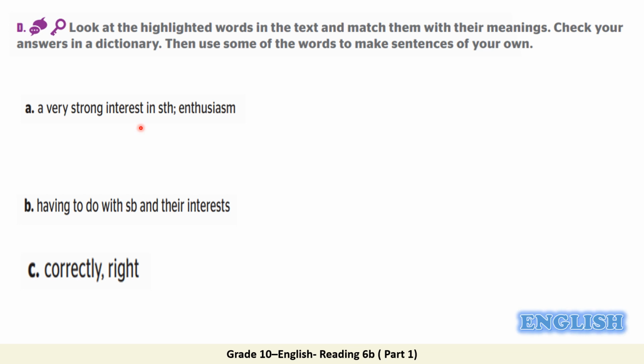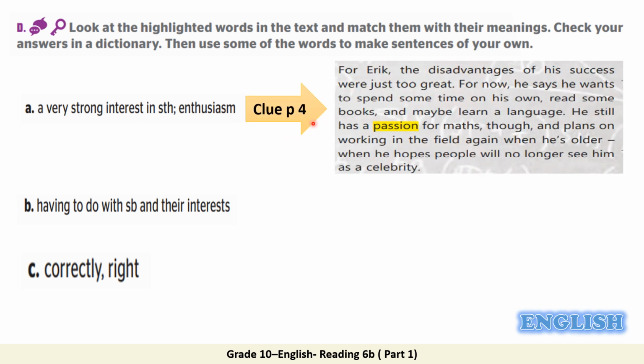The answer can be found in paragraph 4. Let's look at the text. He still has a passion for maths. So he still has a very strong interest in maths. Well done, everyone. 5 words to go.